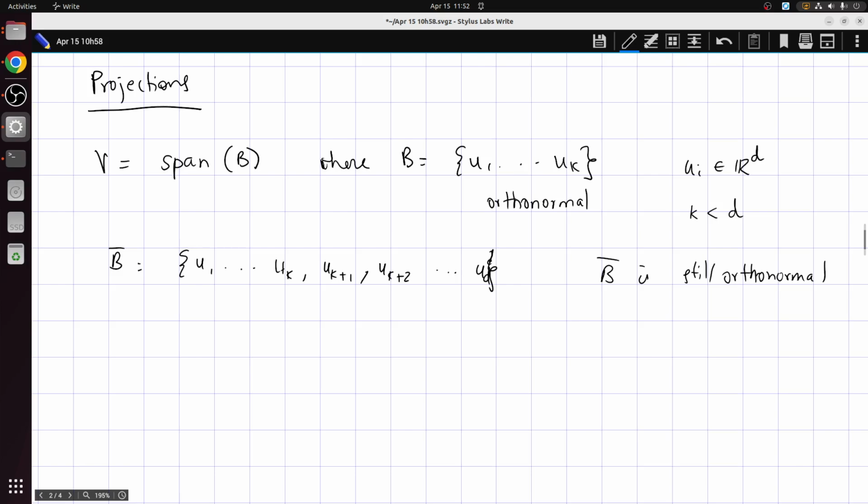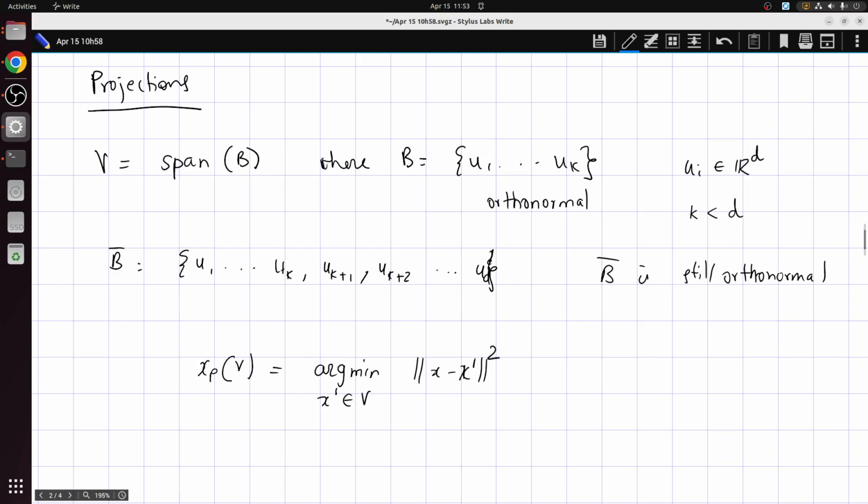So now what is projection? We call X_P, the projection on V of a vector X, equal to arg min over X bar belonging to V of the length of X minus X bar, squared.